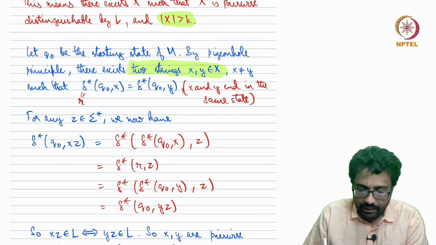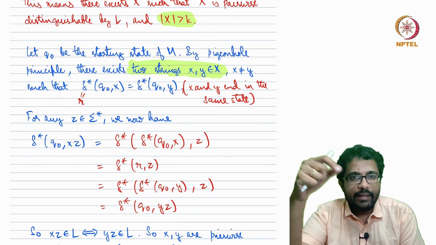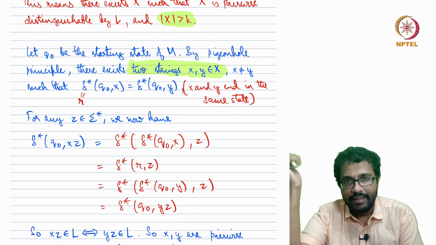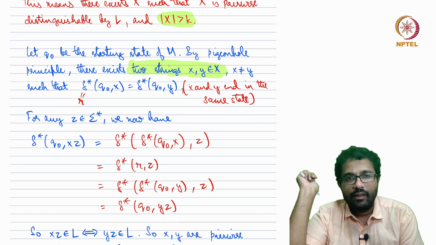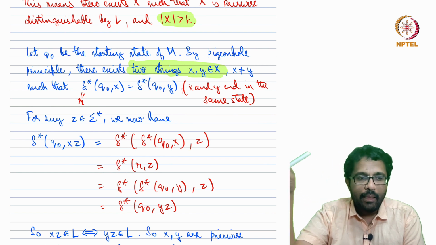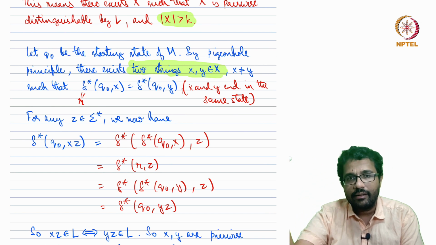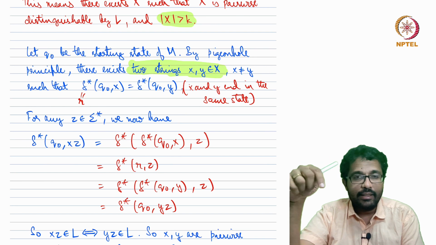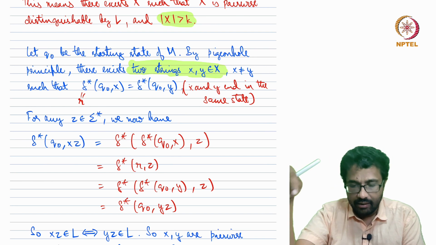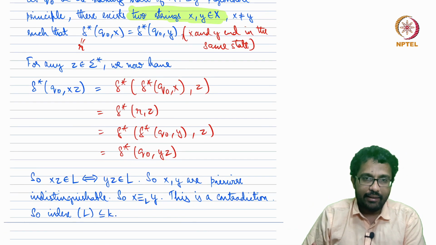So what it means is that starting from the starting state, xz takes it to some state, let's say t. yz also goes to the same state t. Meaning, if t is an accepting state, both xz and yz are accepted. If t is not an accepting state, neither xz nor yz is accepted. So either both of them are in L or neither of them are in L.